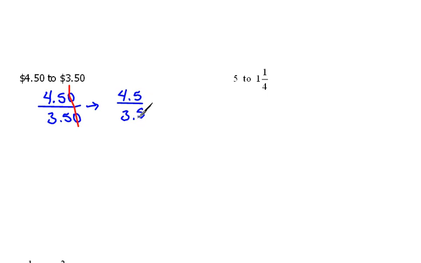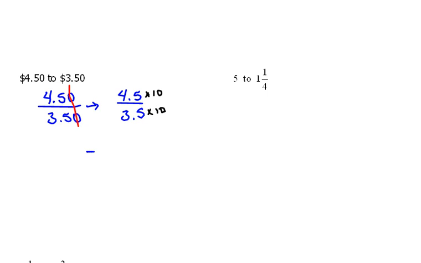Each one of these decimals is to the 10th spot. So what we can do is multiply top and bottom by 10. Now if I multiply by 10 over 10, that's really a 1. So by multiplying by 1, I've not changed the meaning of my fraction. I'm just manipulating it to look slightly different.